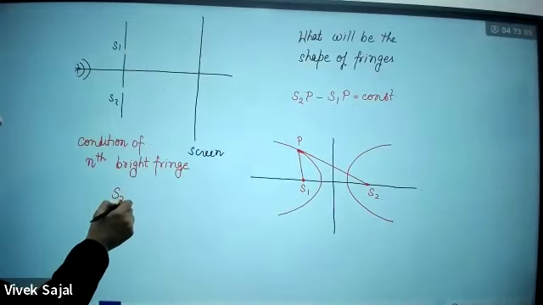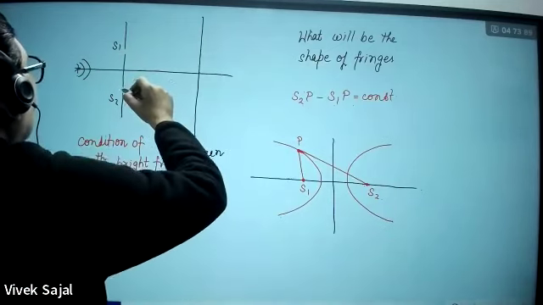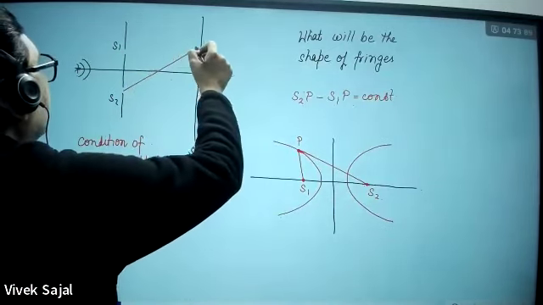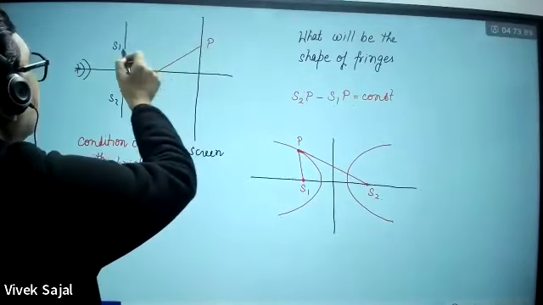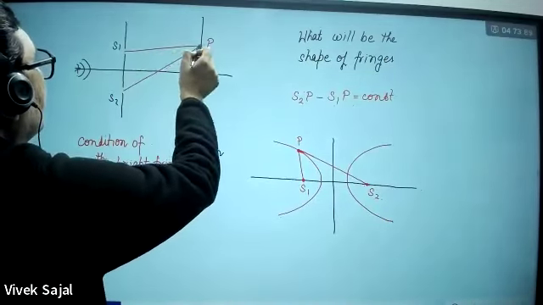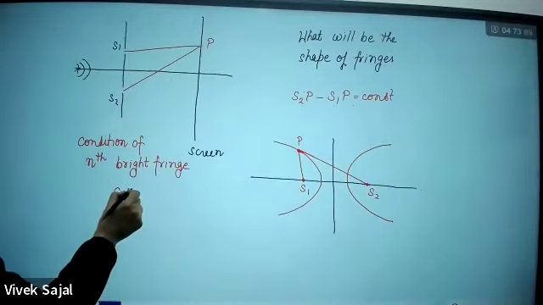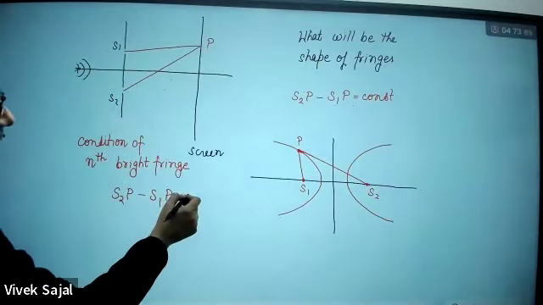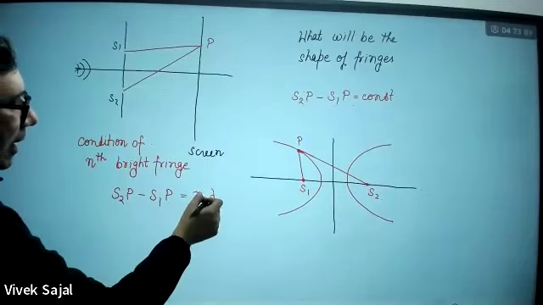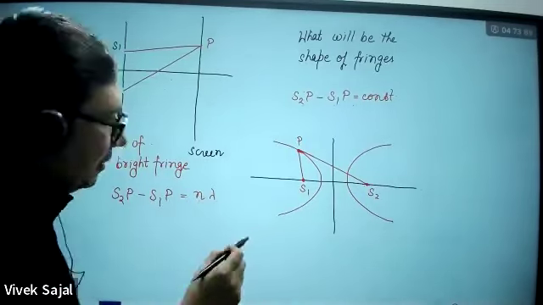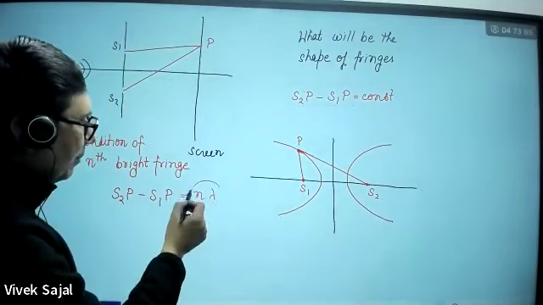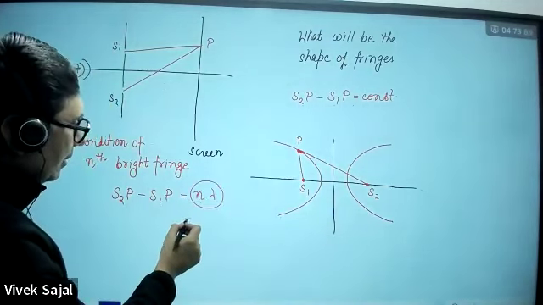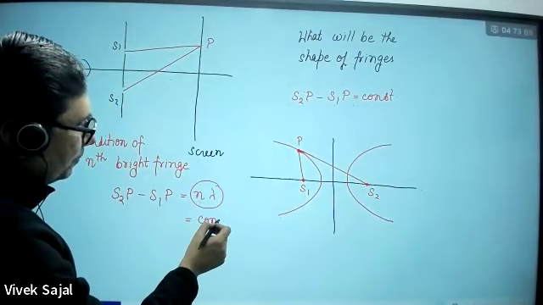This will be S2P here, this will be P, and this will be S1P. So the equation is S2P minus S1P equals n lambda. N is a constant for the nth bright fringe, lambda will be a constant, so you can say this is a constant.